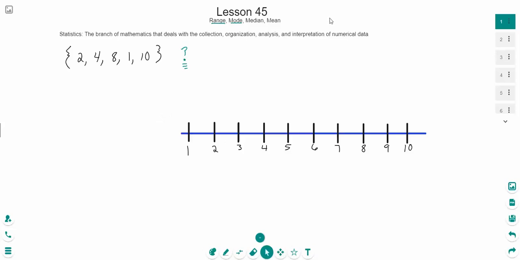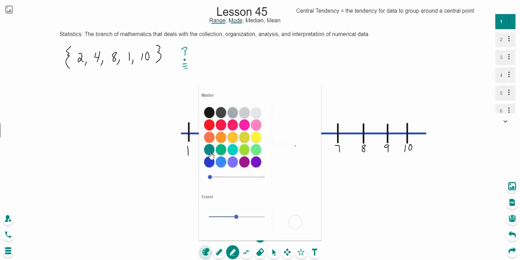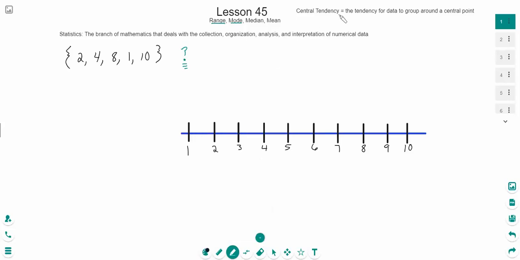And that is essentially that when we have a data set such as this, the numbers in the data set are kind of starting to focus in on a particular number. We're going to call this a central tendency. So when we talk about statistics and data sets, we are assuming that a central tendency exists in the data.